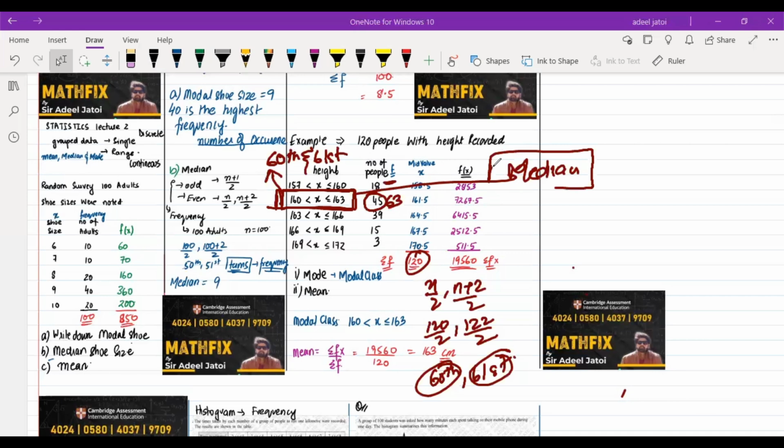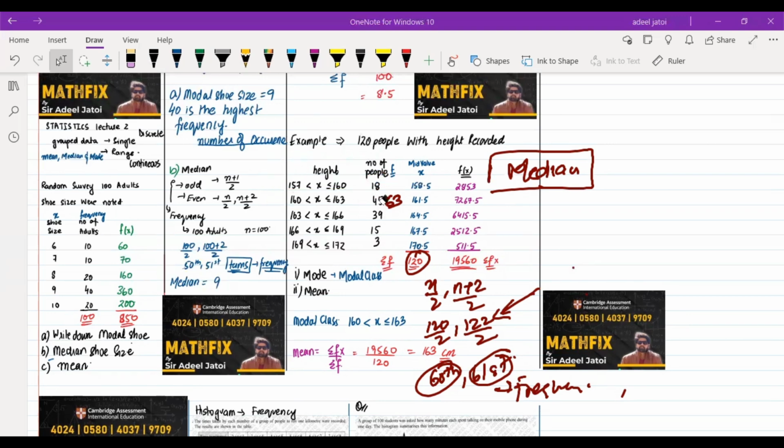Through the term formula, 120 upon 2 is 60 and 122 upon 2 is 61. We use the frequency addition: 18, then 18 plus 45 is 63. So obviously 60 and 61 will lie in this median range, which is 160 to 163. Hope that I've made myself very clear for this particular point.